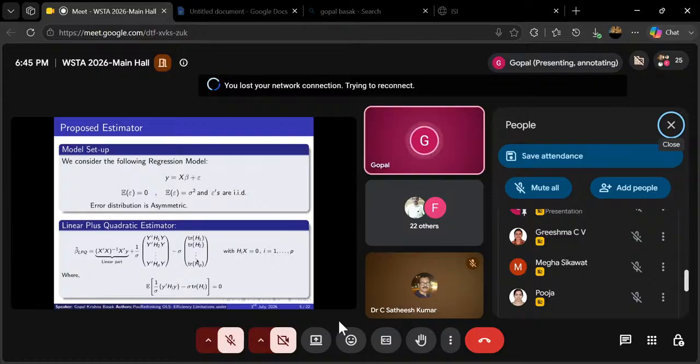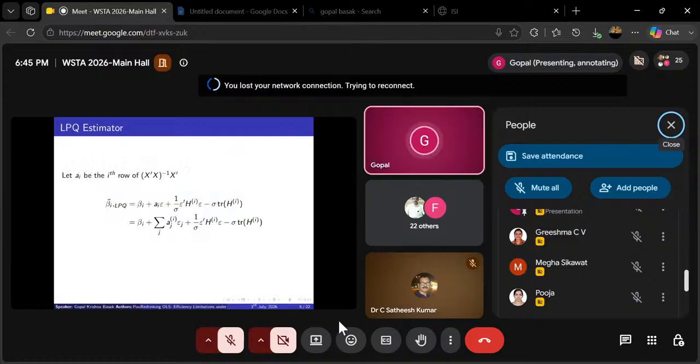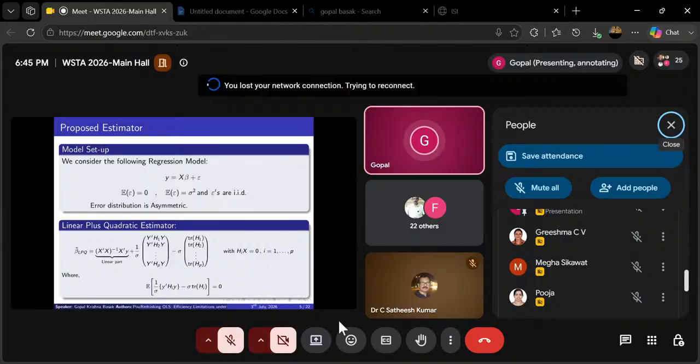Now, let me say that we are looking at a component-wise maximization or minimization problem. Later on, not in this talk, we'll be working on the joint problem also.